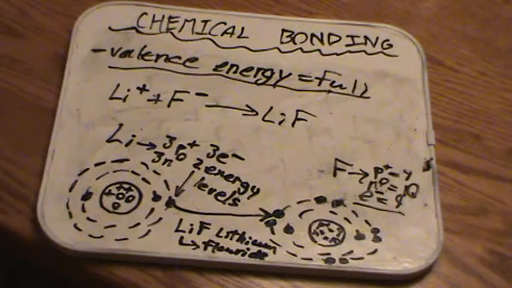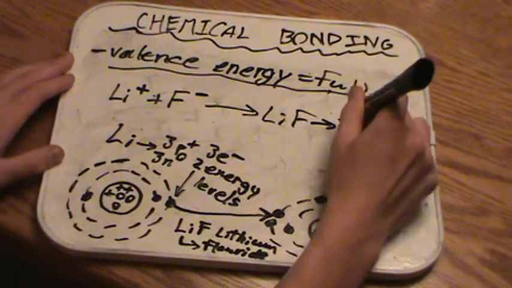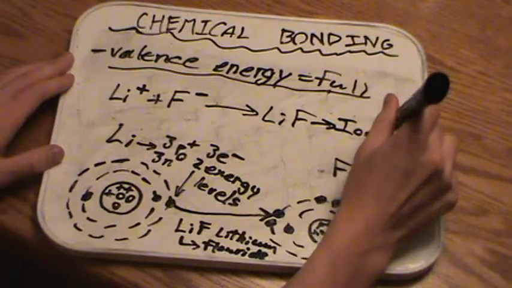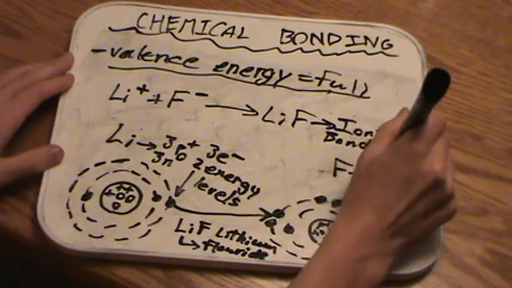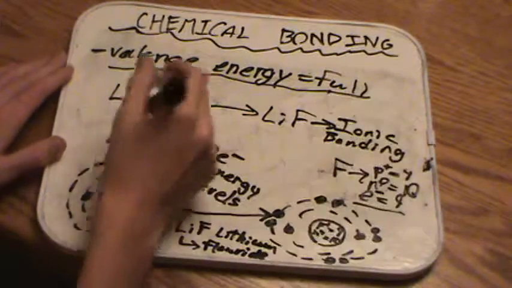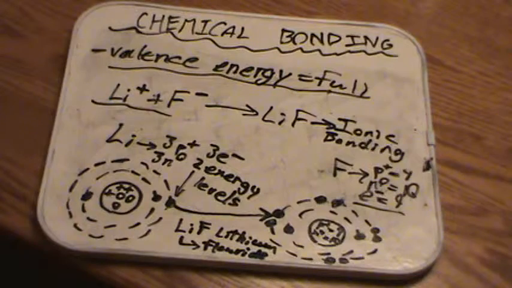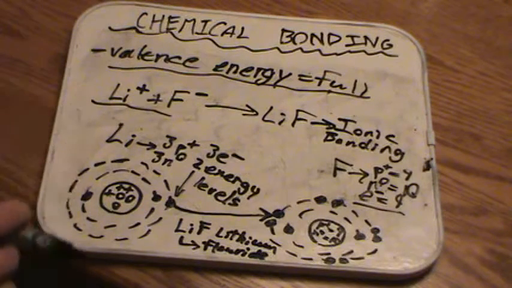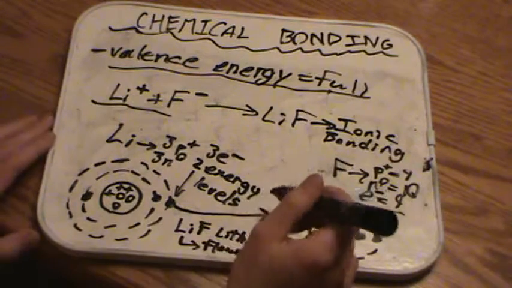But this is the basis of the chemical bonding, and this is the basis of what we as chemists call ionic bonding. And the reason for this is because it is the combination of the ions once the electron transfer has occurred.